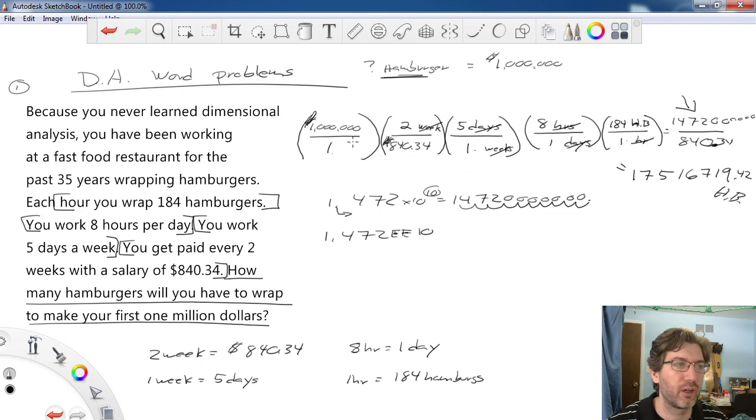Then I multiplied my denominator. 1 times 840.34 times 1 times 1 times 1 gave me this number. And then I divided the two. We're just getting big numbers today. So you should be getting this, if you can still see it all on my screen. 17,516,719. Yeah, Lyra, that'll work. You can round it.